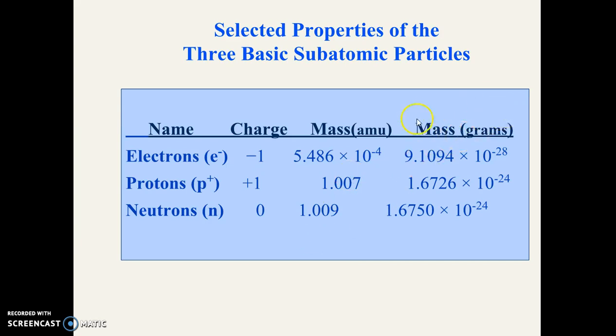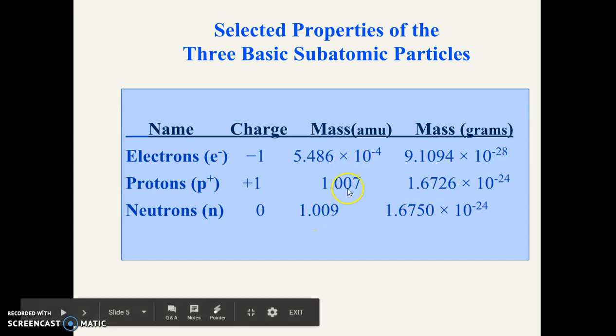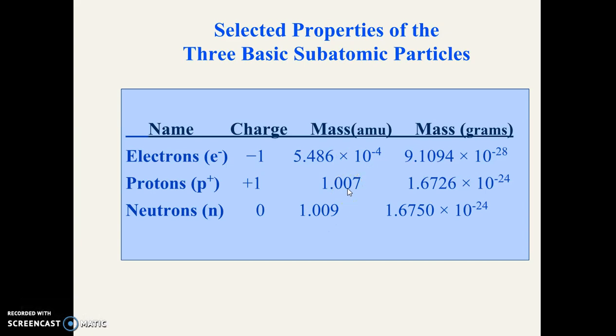You'll notice this is their actual mass in grams, like if you were to weigh it on a scale. You'll notice that protons are a little bit lighter than neutrons. So even though they're almost the exact same, it relates to this relative mass in terms of AMUs, which is what's recorded on the periodic table, so we go ahead and count them as 1, even though it's not quite the same.